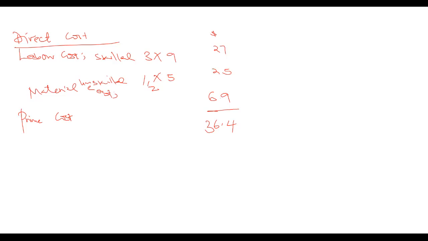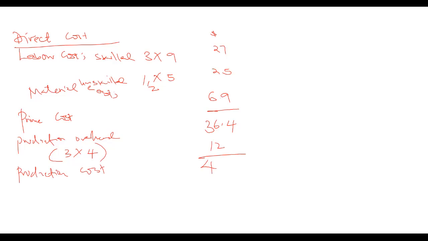Here you have production overhead cost, which is the rent you're paying, equal to $4 per hour. Since you consume 3 hours, that is 3 hours times 4, giving us $12. Then we have the total production cost, which gives us 48.4.